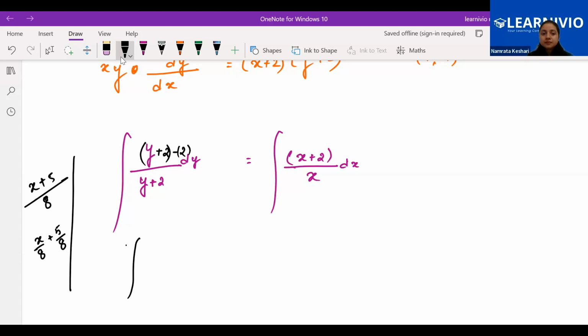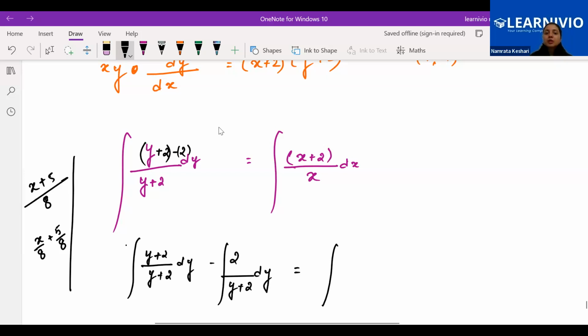Y plus 2 minus 2 divided by y plus 2, which will give us 1 minus 2 by y plus 2. Exactly. Similarly, on the right hand side part also we will be applying this logic.